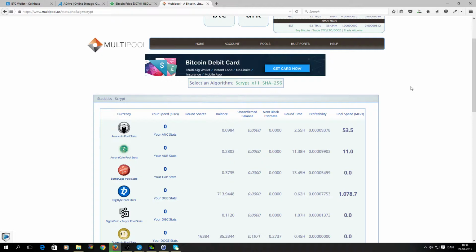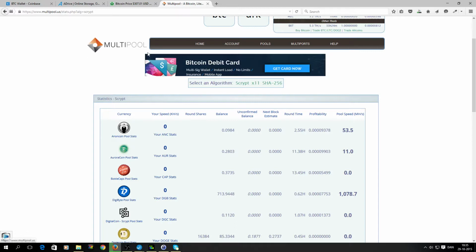If you are just mining bitcoins, I will recommend the pool called Ant Pool, which is owned and operated by Bitmain, who is also the producer of some of the best Bitcoin miners, the Ant miners. But again, look into what coin you want to mine and find a pool that is suitable for that coin.